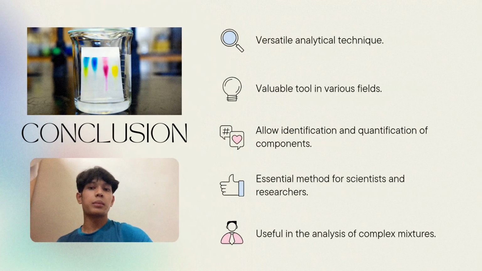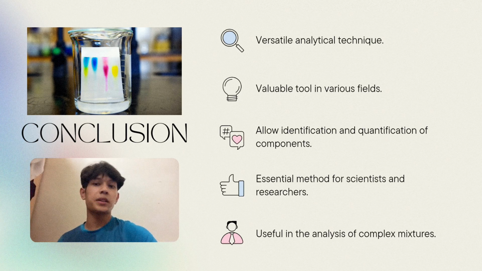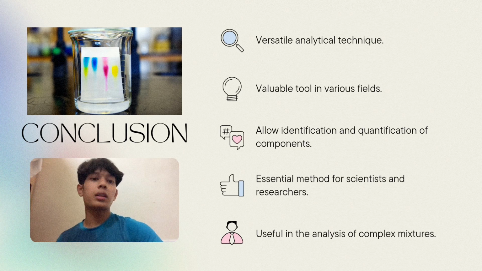In conclusion, basic chromatography is a versatile and analytical technique that separates and analyzes mixture of substances based on their differential interaction with mobile phase and a stationary phase. It has proven to be an invaluable tool in various fields such as chemistry, biochemistry, forensic, and environmental science.